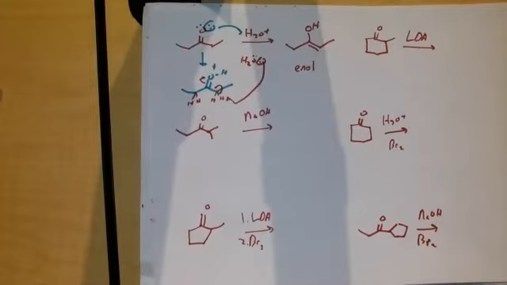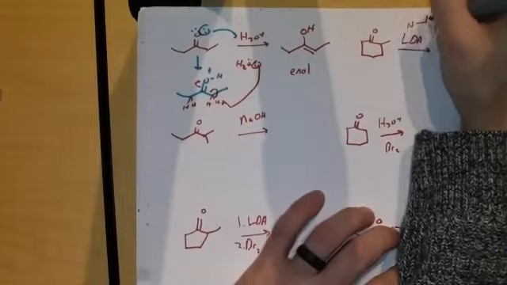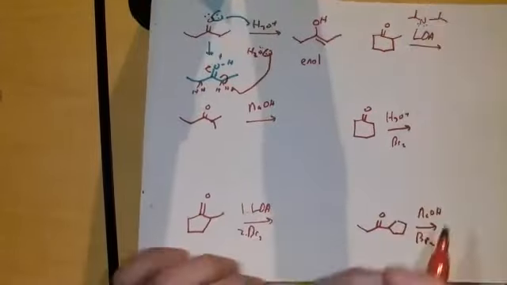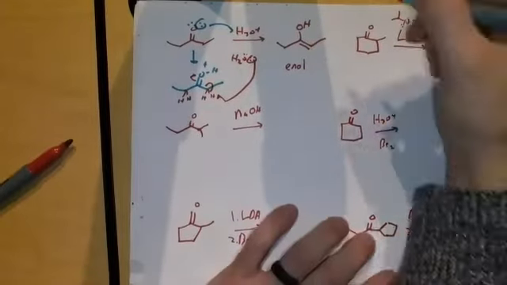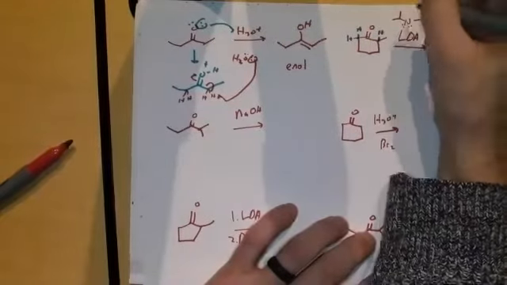So LDA, as we said, was a large base. It can pull off one of the protons. It's going to be selective for the less substituted center because it's a large base.